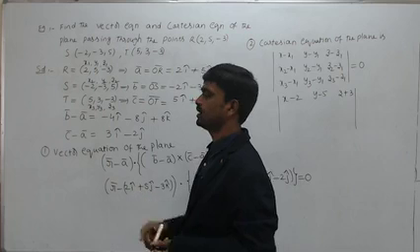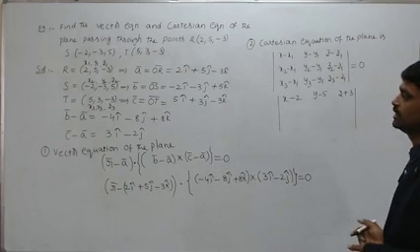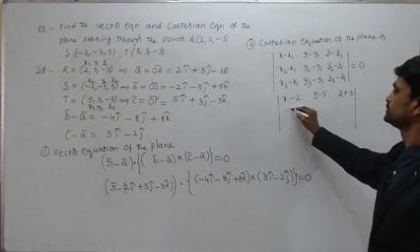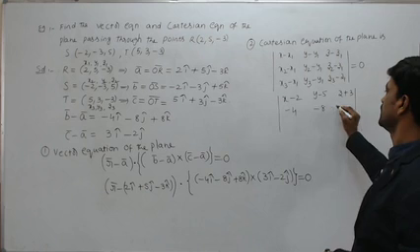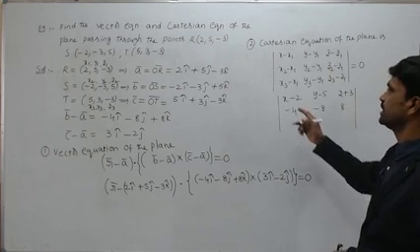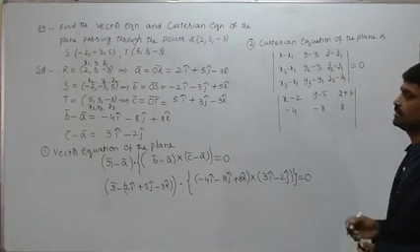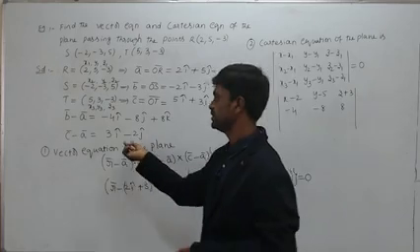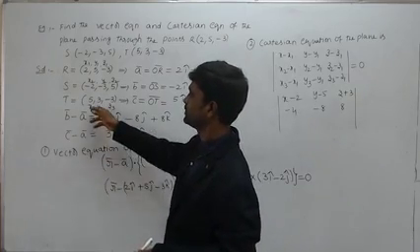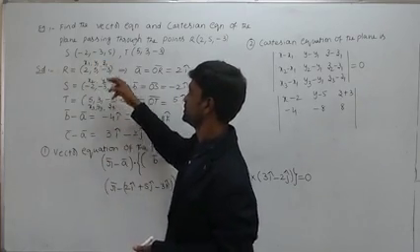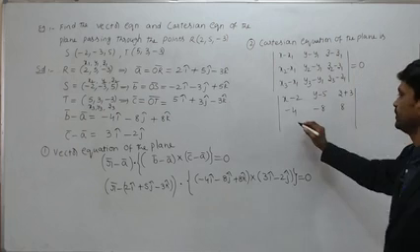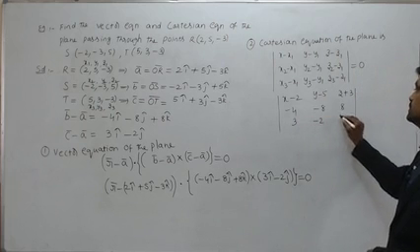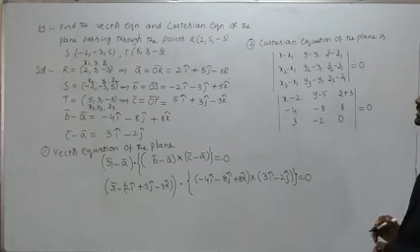Or you can take directly the components of b bar minus a bar. So you'll get minus 4, minus 8, 8. And x3 minus x1, y3 minus y1, z3 minus z1 are nothing but components of c bar minus a bar. So you'll get 3, minus 2, 0 is equal to 0. Expand this determinant.